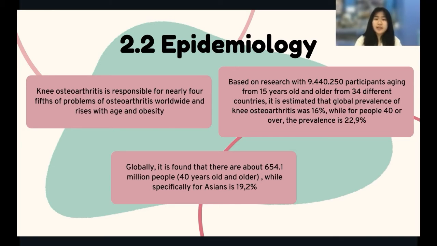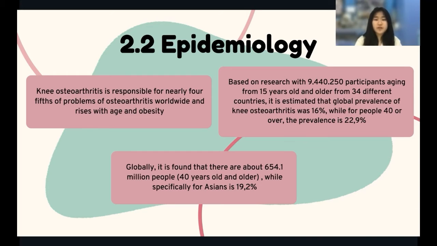Knee osteoarthritis has higher prevalence than other types of osteoarthritis. It is responsible for nearly 4/5 of problems of osteoarthritis worldwide and rises with age and obesity. Based on research with 9,440,250 participants, aged 15 years old and older from 34 different countries, it is estimated that the global prevalence of knee osteoarthritis was 16%.